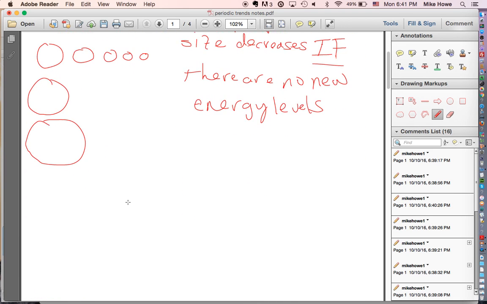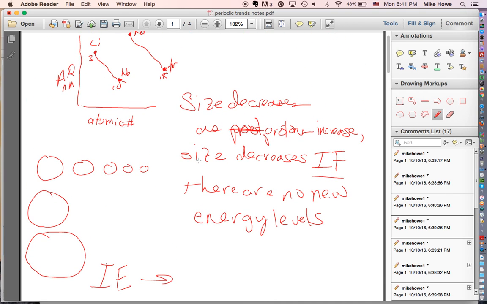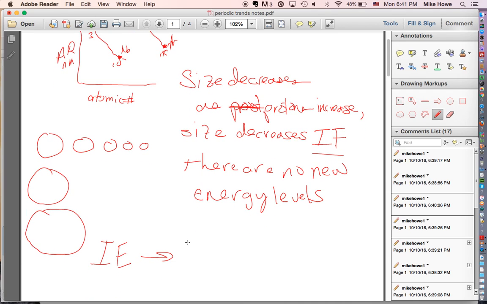Then that brings us to ionization energy. Do you remember the definition? I'm going to write IE for ionization energy. What will it do as you move from left to right on the periodic table? The atoms are getting smaller, so is it going to be more or less difficult to remove an electron? As the atoms get smaller, you've got to think, why are they getting smaller?